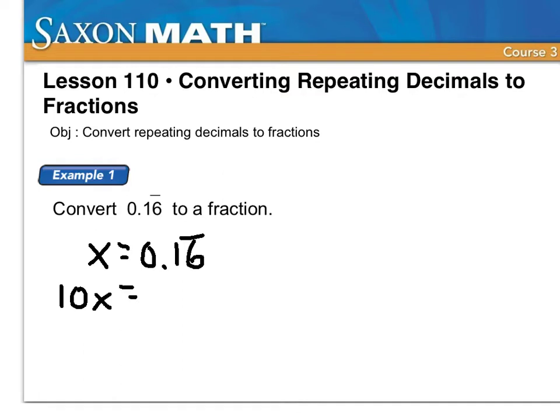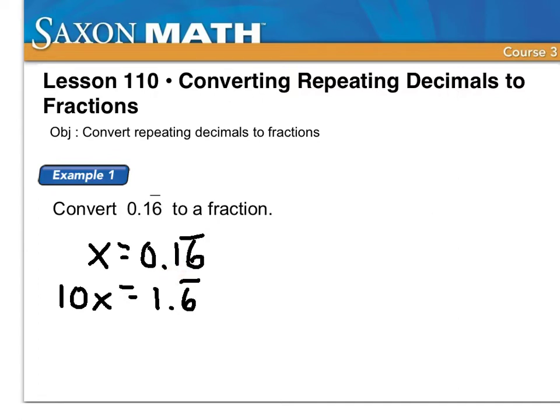So if x is 0.16 repeating, then 10x is going to be 1.6 repeating. Okay, because all we're doing is moving this decimal over 1, so we multiply by 10. So it's 1.6 repeating.